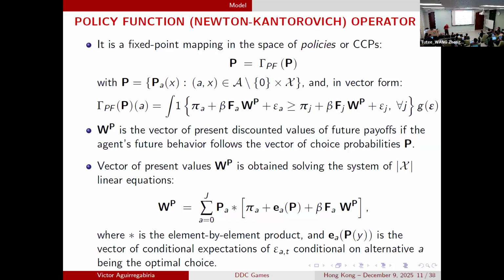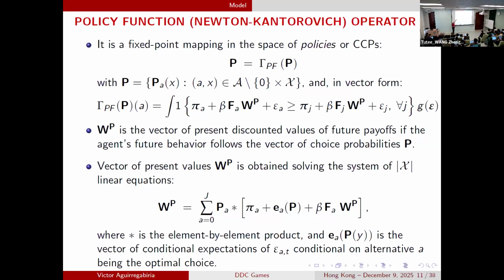Using some linear decomposition is going to be numerically better, but basically it is solving a system of linear equations. That's what we have to do here. Then give me a policy, give me a vector of choice probabilities. I can obtain this valuation operator by solving this system of linear equations.